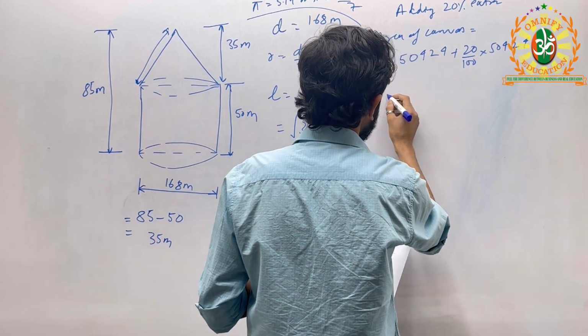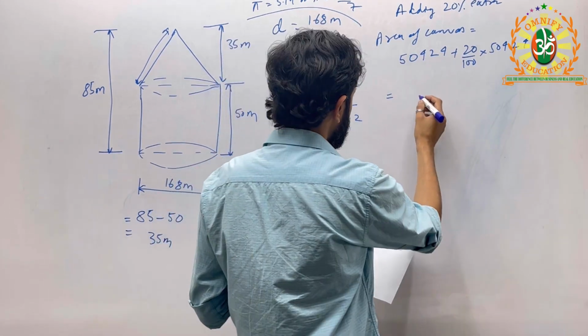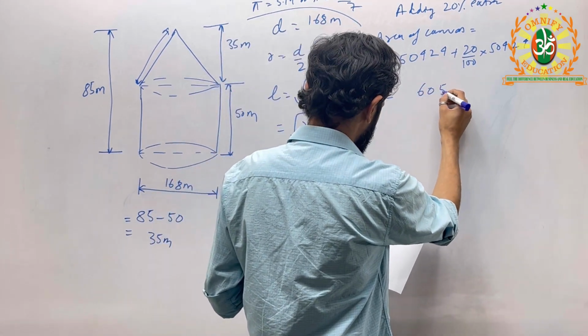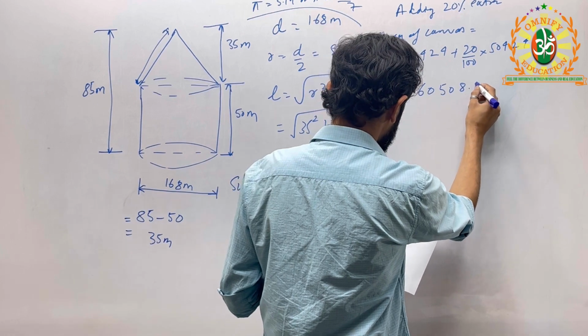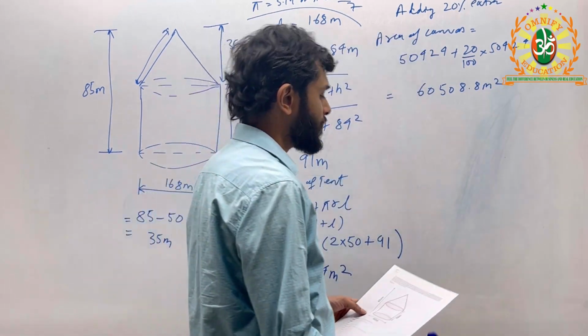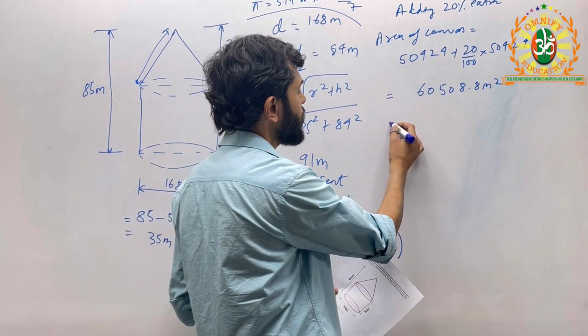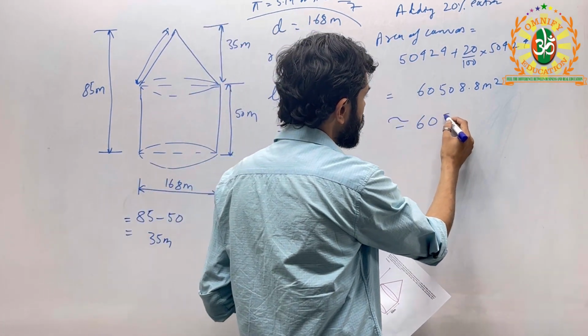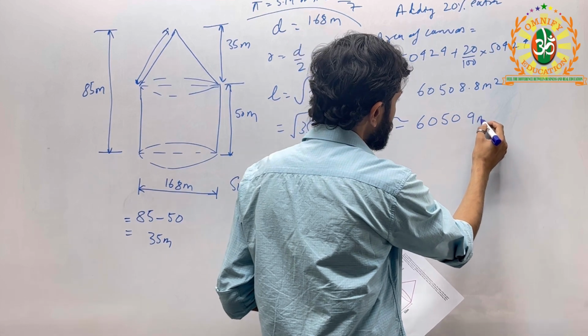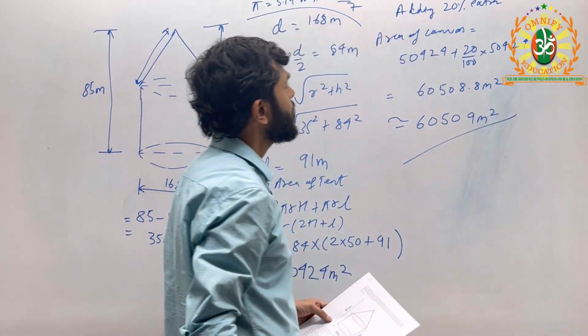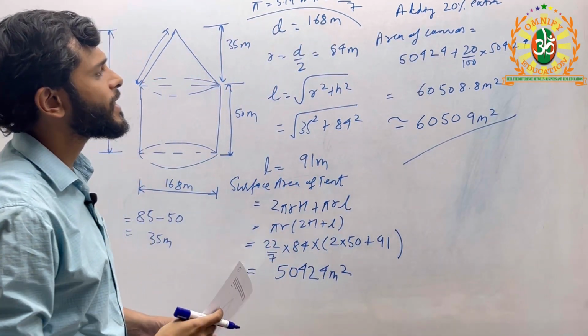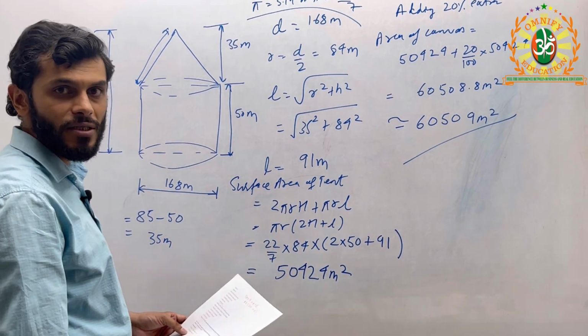On solving, we get our answer as 60508.8 meters square. As it was given in the question that you have to give your answer to the nearest meter square, this would be 60509 meters square, which is the required area of canvas with adding 20% extra for stitches and folds.